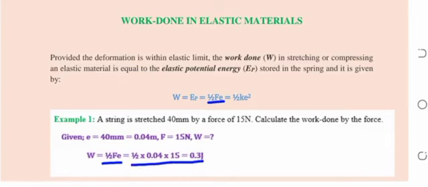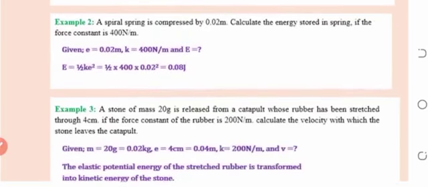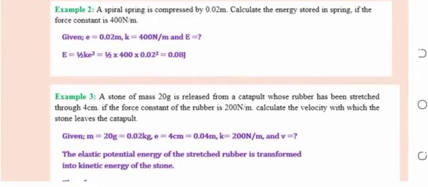Let's check another example. In our second example, we have a spiral spring which is compressed by 0.02 meter. We have to calculate the energy stored in the spring. So from the equation, we have e equal to 0.02, that is the compression, and we have the force constant given as 400 Newton per meter.